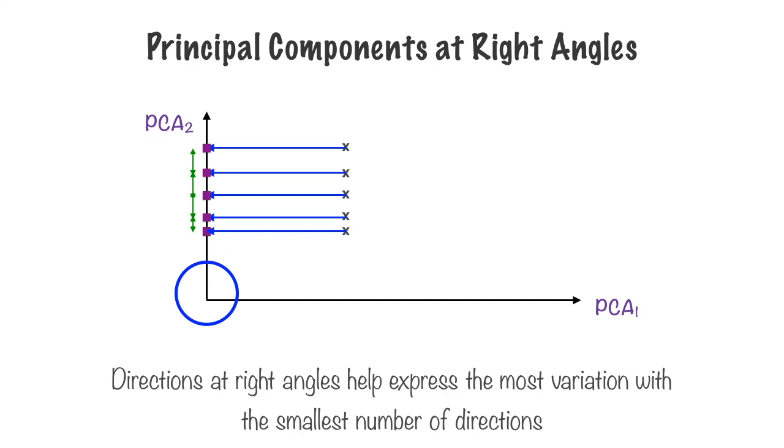This is because directions at right angles are the ones that express the most variation with the fewest number of directions. For data that is expressed in two dimensions, these two principal components capture all of the underlying information in the data. If these two principal components weren't at right angles to each other, some information would still be lost in spite of having two axes or two directions to represent the data.